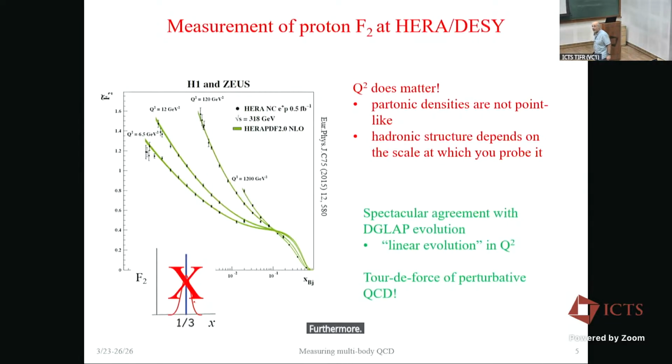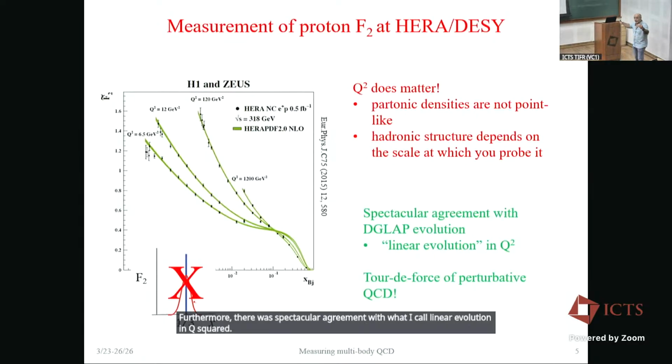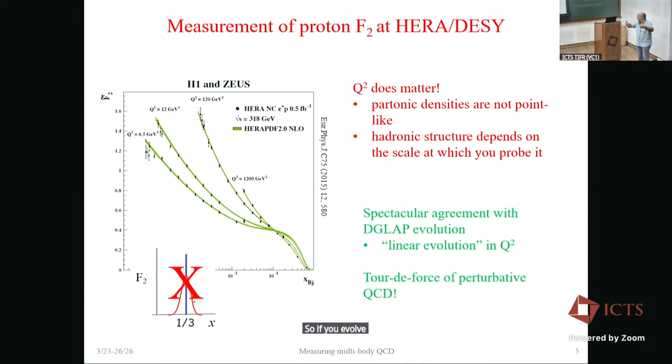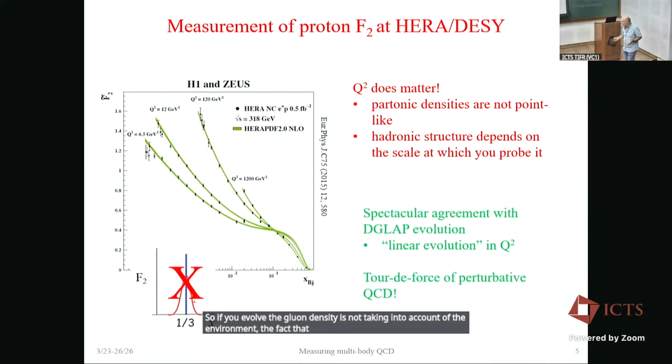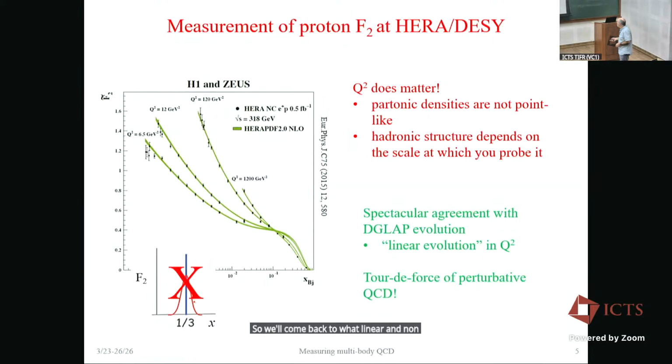Furthermore, there was spectacular agreement with what I call linear evolution in Q squared, such that you start with some distribution at some value of Q squared, and then you evolve the gluon densities, not taking into account the environment, the fact that there are other gluons around. We'll come back to what linear and nonlinear means in a moment.